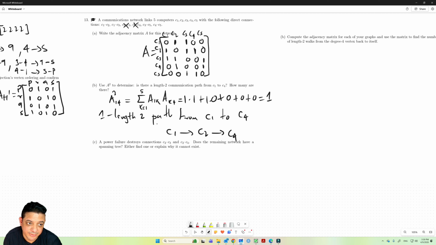So I just have this one, which is from C1. Or let me just make a picture, because why not? I'm just going to do node 1, node 2, node 3, 4, and 5.